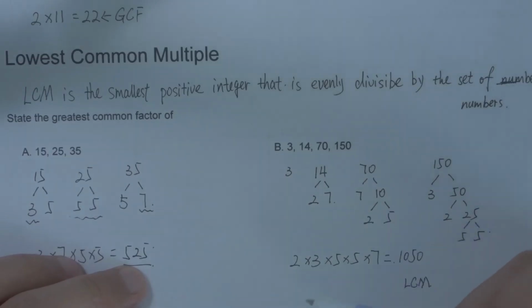We can find we need one 2 and one 3, because each has at least one. For the 5s, 150 has two 5s, so we need the most number of 5s, so we need two 5s and we need one 7. The product of these numbers is 1050. So this number is the lowest common multiple of this set of numbers.